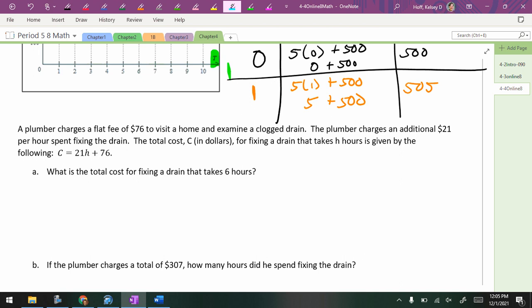So they actually give us this equation, but I just want to show you, 21 is your slope because it's $21 per hour. 76 is your y-intercept. Key phrase, flat fee. They charge you $76 no matter what. I could be there 2 minutes and you're paying $76. Okay? So they ask, what's the total cost for fixing a drain that takes 6 hours?